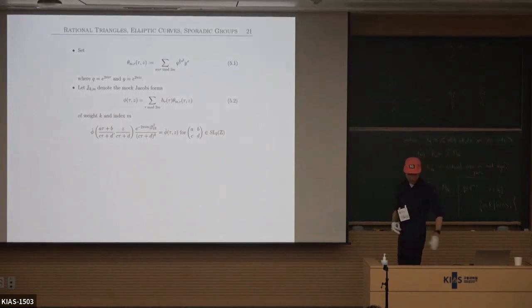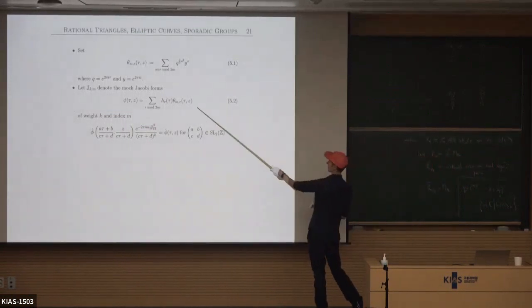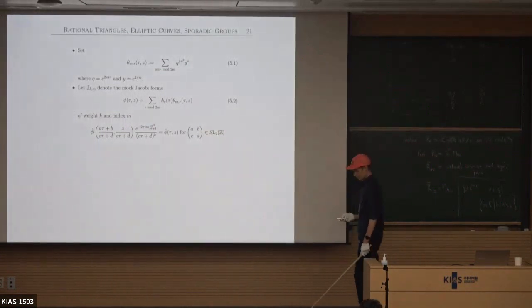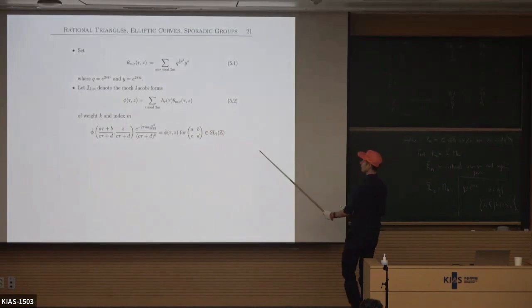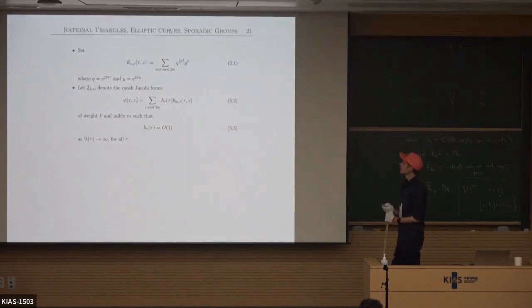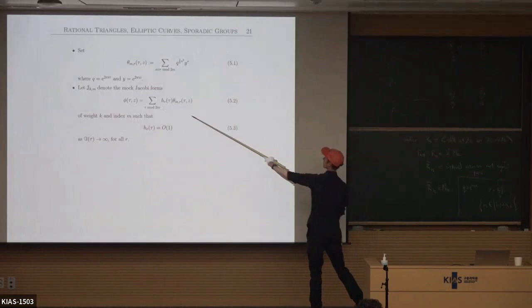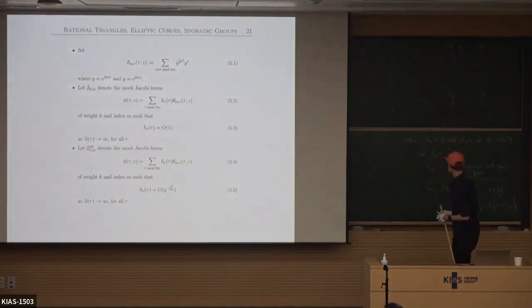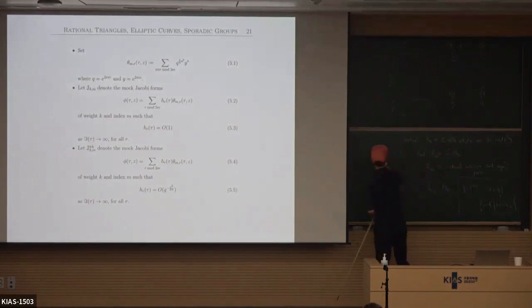It means that you can be written like so for some holomorphic functions h_r, and then you satisfy a transformation formula like this. That's what it means to be weight k and index m. And there's some growth condition on the coefficient functions h_r, the so-called theta coefficients.